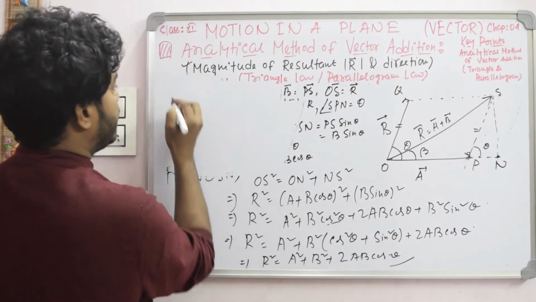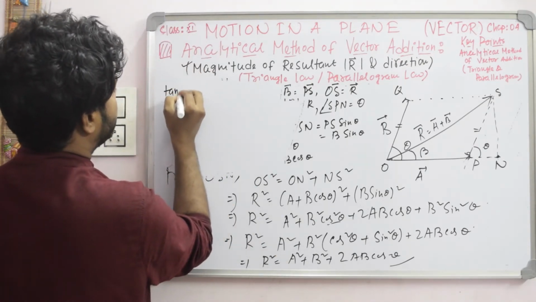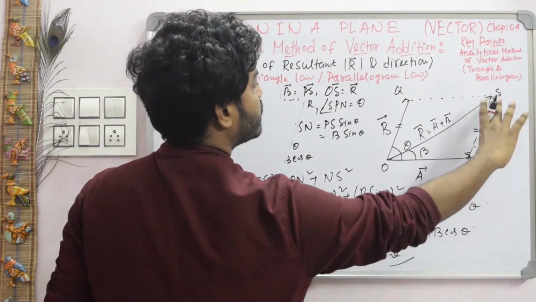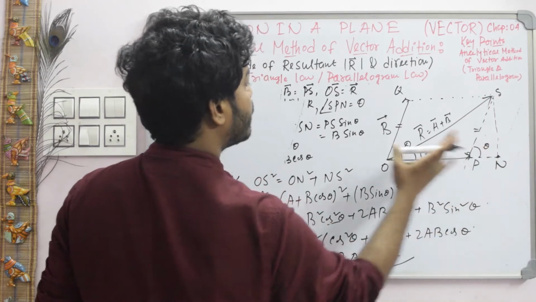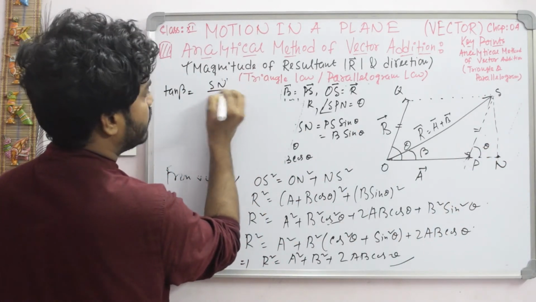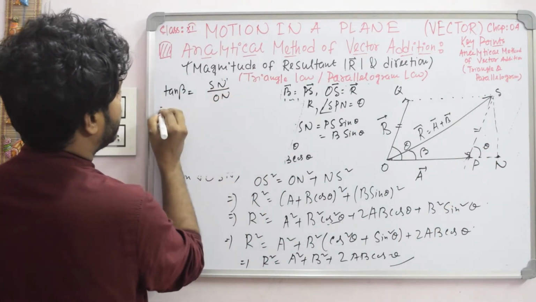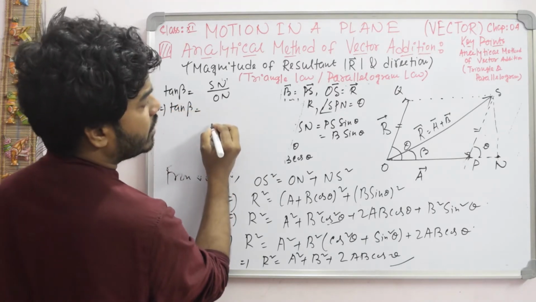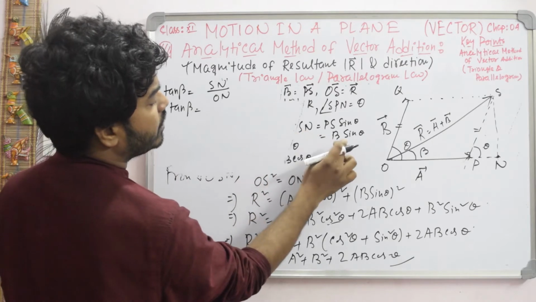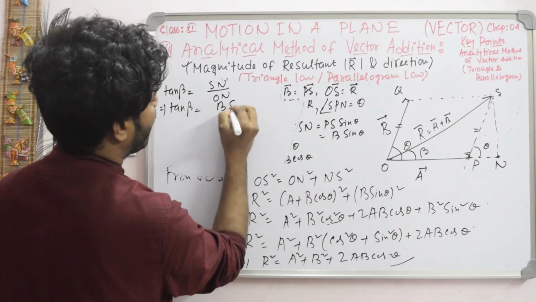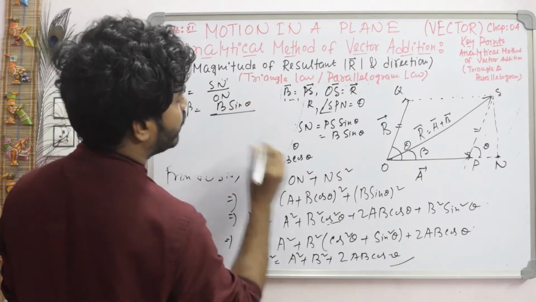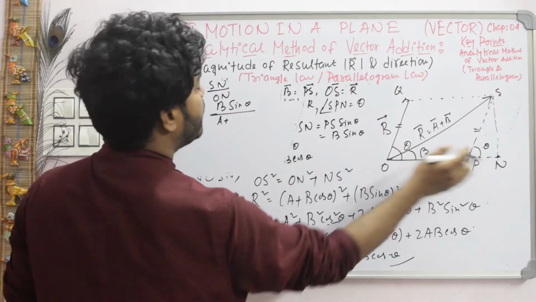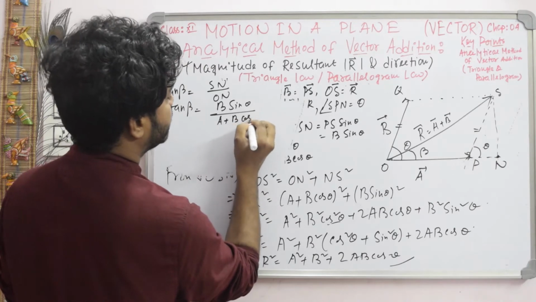So for the direction, from OSN, tan beta is SN divided by ON. Now tan beta is equal to SN, that is B sin theta, divided by ON, that means OP plus PN, where OP is A and PN is B cos theta.